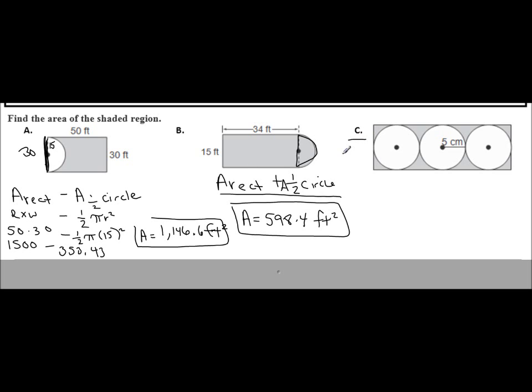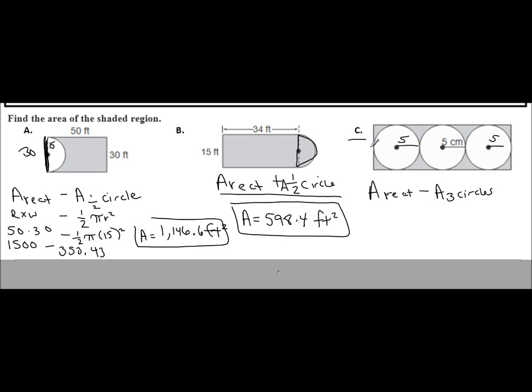Alright, in example C, this is an example that we talked about briefly, but we want to take the area of the entire rectangle and subtract from that the area of these three circles. And we're going to assume that all of these radii are 5.